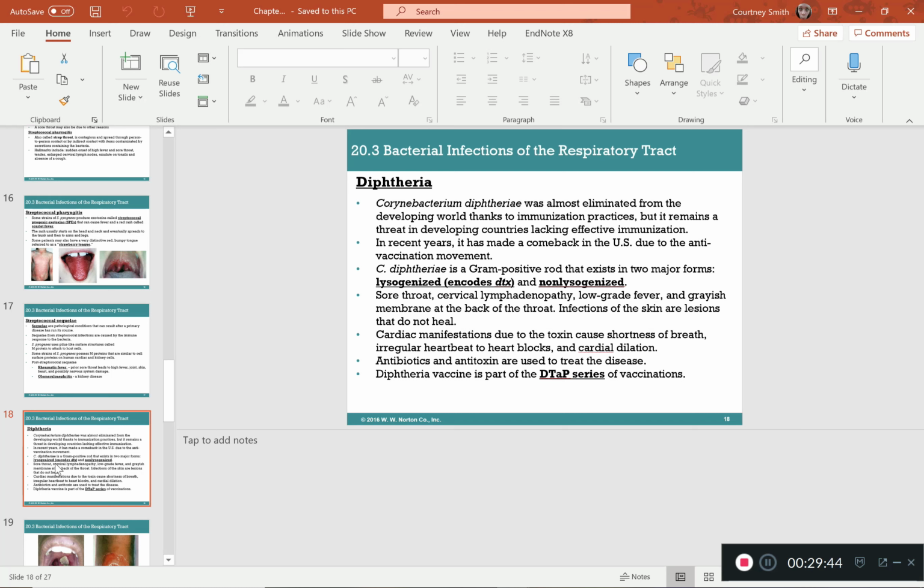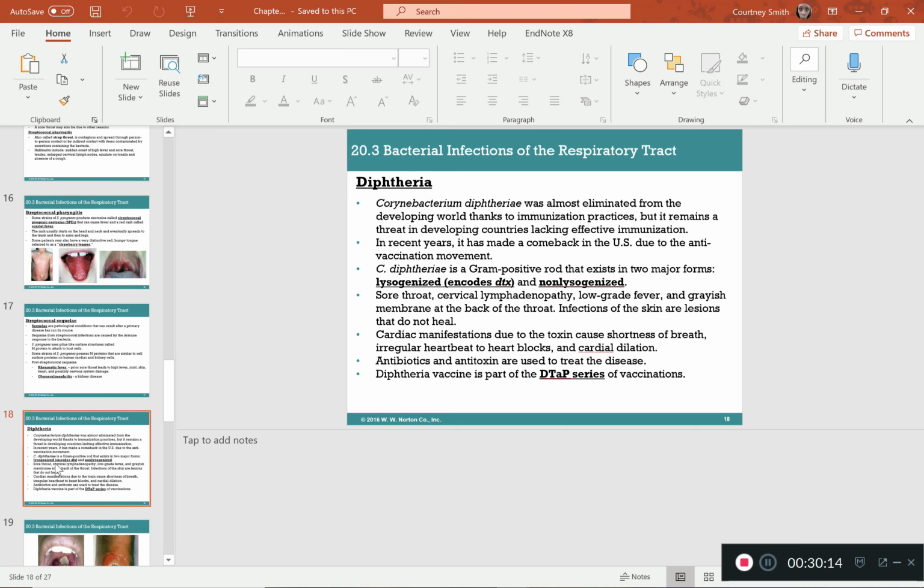But C. diphtheria, it is a gram-positive rod. And the hallmark of diphtheria is a gray-white membrane on the back of your throat, followed by a low-grade fever and sore throat. Also, skin lesions can occur and then they won't heal as long as you have this infection.